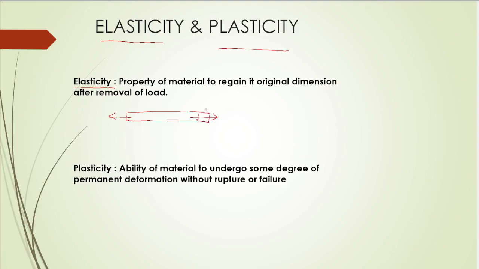If we remove this load and the bar regains its original shape, then it is known as an elastic material. Graphically, if this is the stress strain curve of the bar, this is the loading part. If we remove the load and in the unloading case also it follows the same path, then this metal is known as an elastic material.